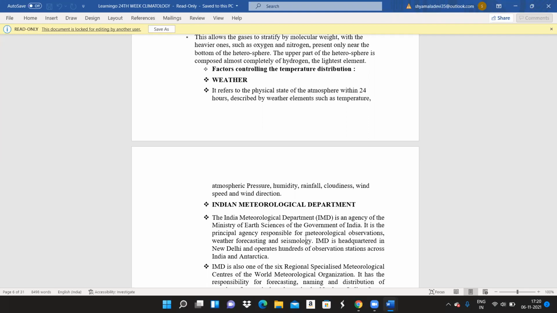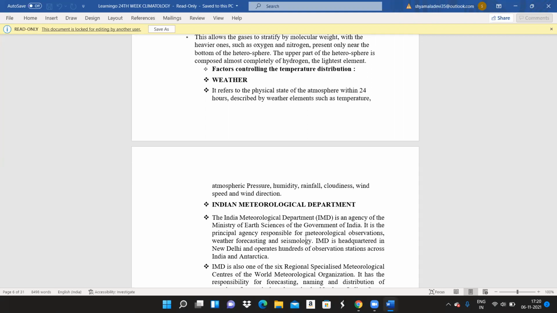That means, like Vishnu said just now, it is temporary. And climate is considered to be permanent. That means India has a monsoon type of climate. It doesn't change. Over years, centuries together, it remains the same. Whereas weather can change on a daily basis. In the morning it may be very sunny, but by evening it can be cloudy.